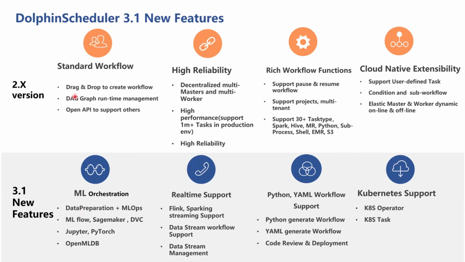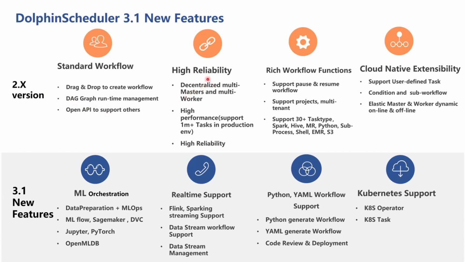First, we have drag and drop to create workflows, which lowers the technology requirement and lets people with less coding experience use it. We also have DAG graph runtime management, and an open API. That means you can use the API to create a workflow, run a workflow, stop a workflow, and get workflow information.